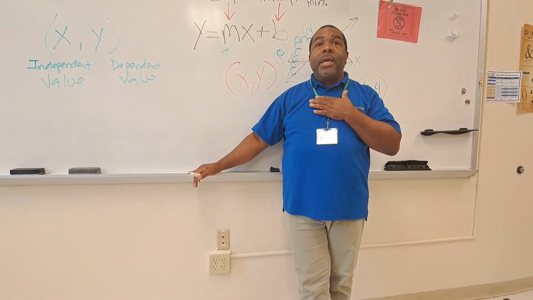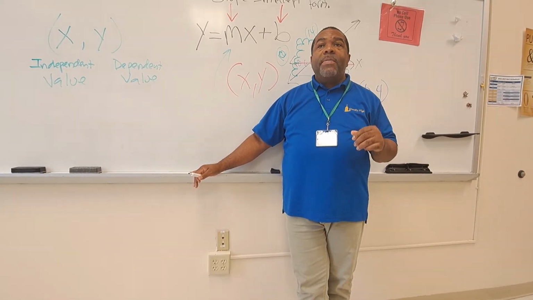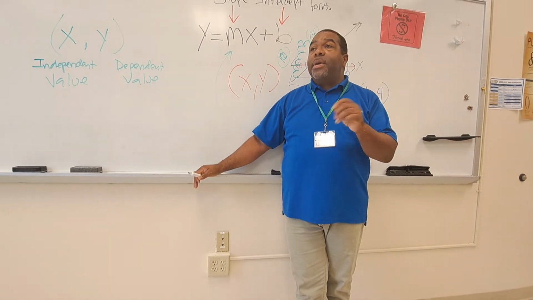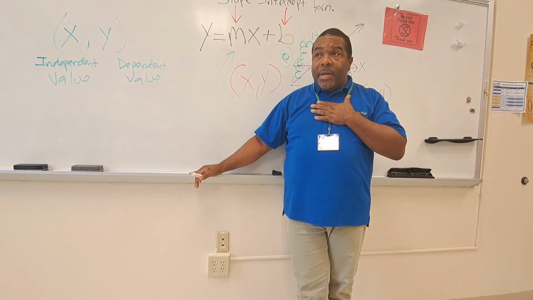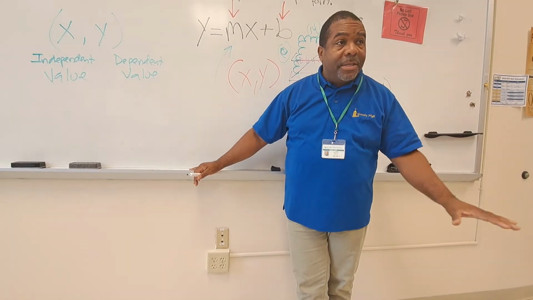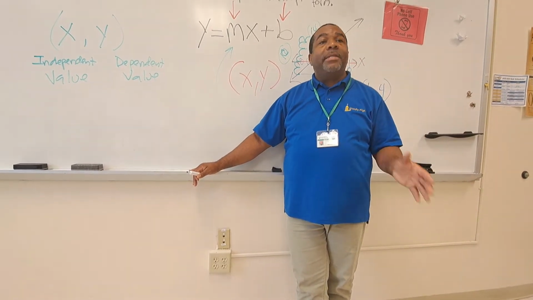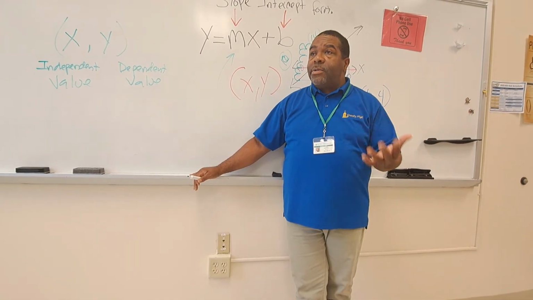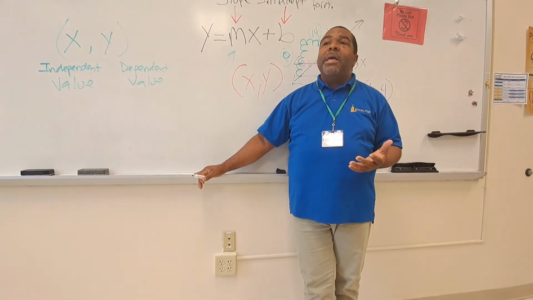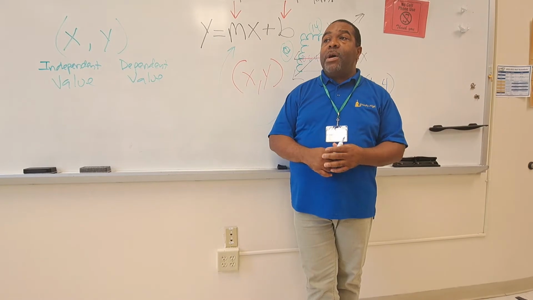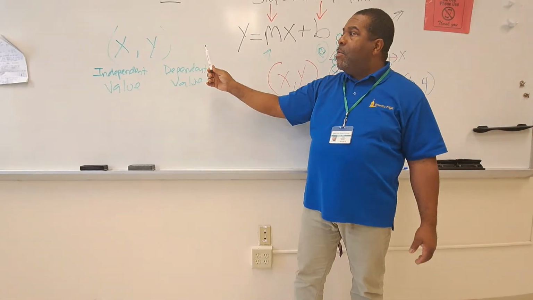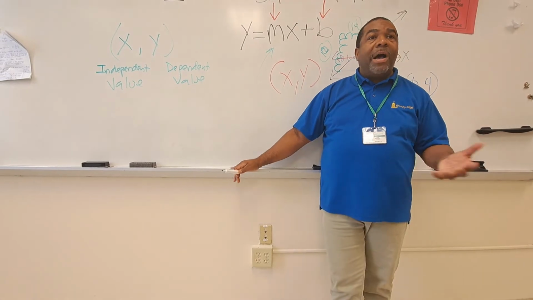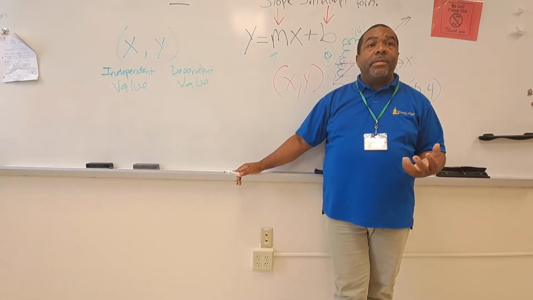Hey, we're gonna go to Burger King, pick up some burgers. They dependently went to Burger King and picked up some burgers. I was the independent person. I was the one making the decision, and based on my decision, they had to roll with it. They had to participate. So it's the same thing with X and Y. Depending on what X is, Y has to go. Y is going to be based on whatever X does.